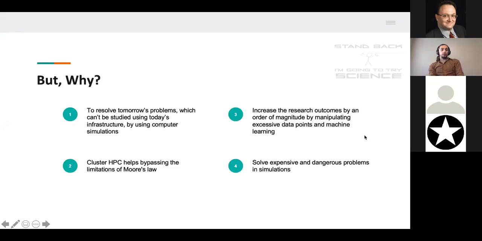But then why do we want to do this? So we can solve tomorrow's problems, which we cannot study using today's infrastructure. We have to bundle all of these machines together, and once we bring them together, they can act as one big machine. In the old days, when they started HPC, I will try not to mention any vendor names because I'm not endorsing anyone here.